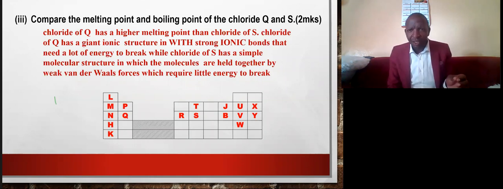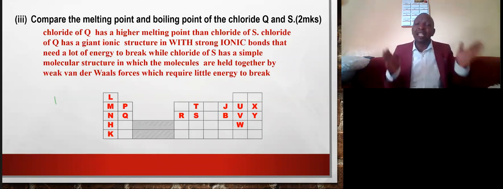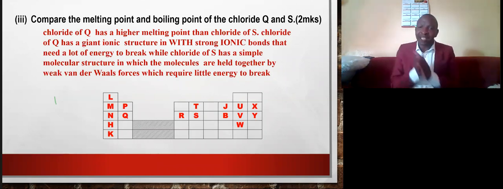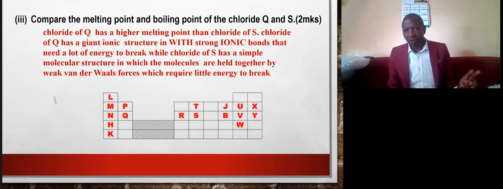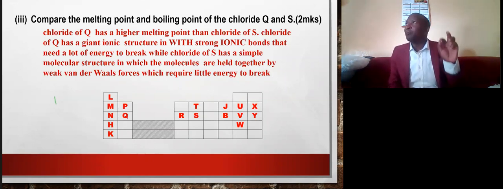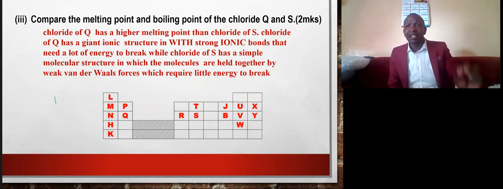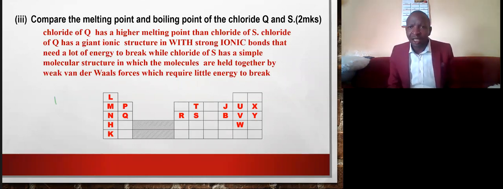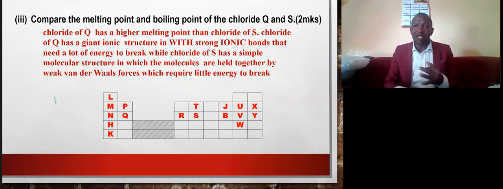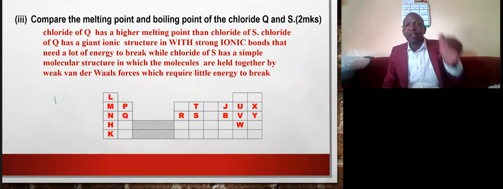Now, when we talk about non-metals and their compounds, they have a simple molecular structure, except diamond, graphite, silicon, and silicon 4 oxide, which have the giant atomic structure.